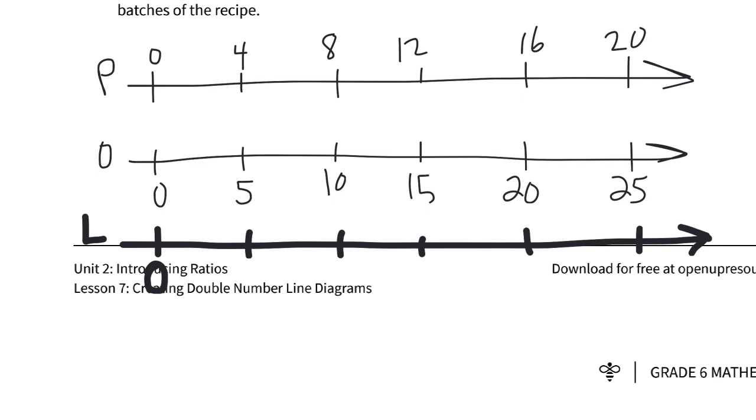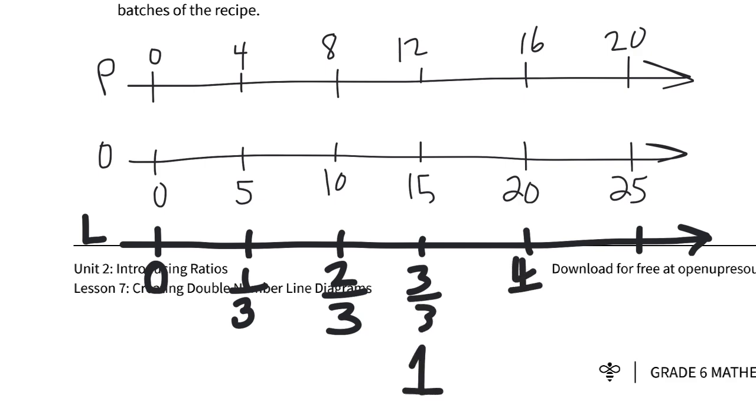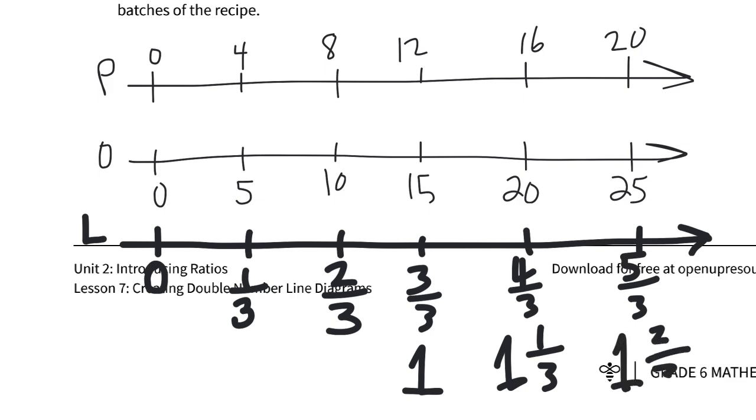So right here, this 5 is going to give us 1/3 of lime, which means this is 2/3, because if you double the orange, you've got to double the lime, and I can start to see that we are going up by 1/3 each time. So there's 3/3, that's the same thing as 1. That's 4/3, which is the same thing as 1 and 1/3. And this is 5/3, which is the same thing as 1 and 2/3. So that is our addition, our third number line for the limes.